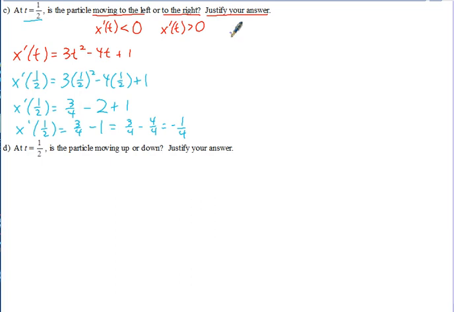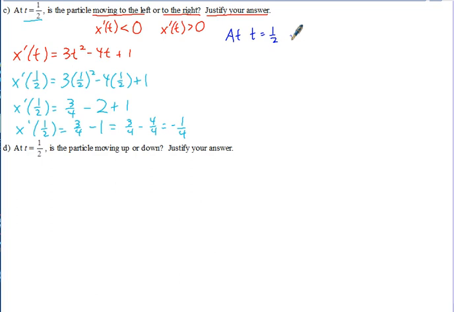So we can say at t equals 1/2. And a lot of times on these parametric ones, they don't give you any units for time. Sometimes they do. They could be seconds or minutes or something, but this time they don't. So we don't have to put units because they were not given to us in the problem.